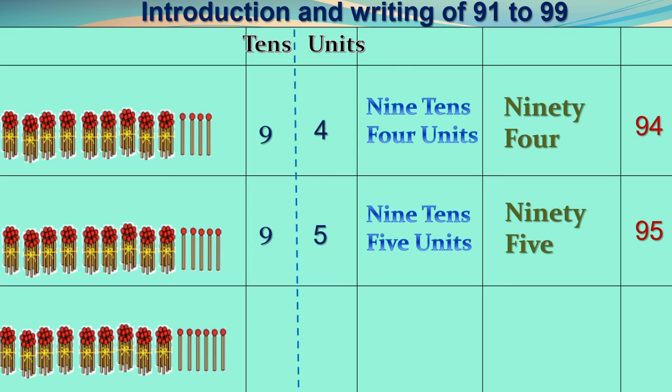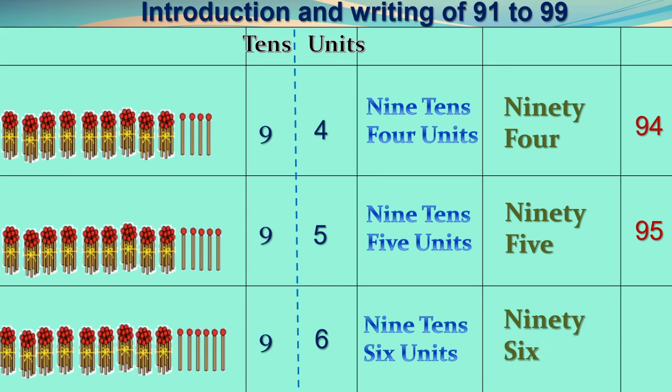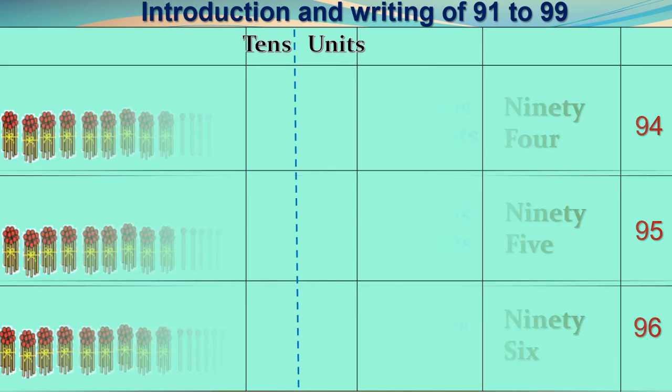Very easy method, right? So 9 tens and 6 units we got. Let us write in words. And the number we got is 96. In numerals, 90 and 6. Let us move further.